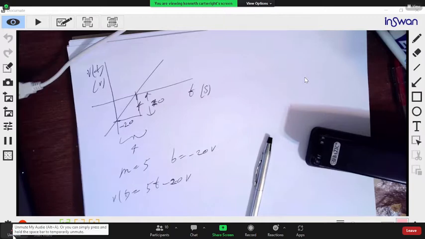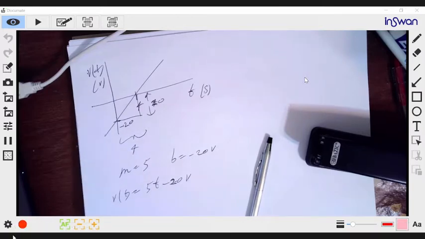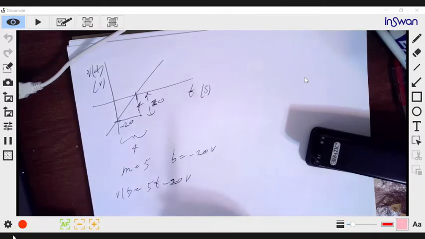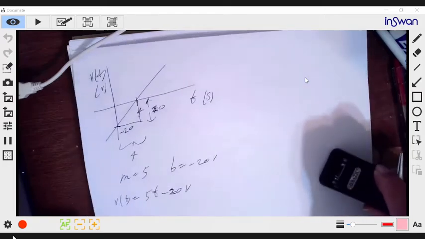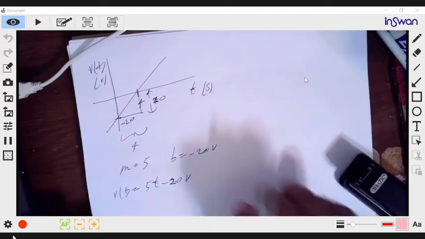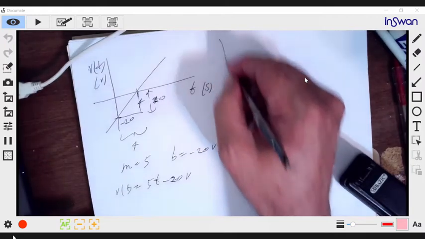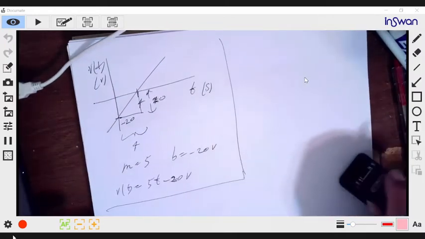All right. Now let's do one more, and that's it for straight lines. That's it for me teaching you the equation of a straight line.